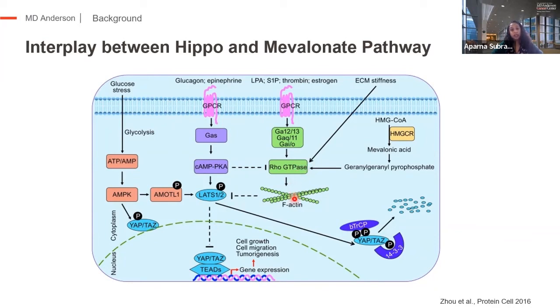Rho-GTPase then results in the activation of F-actin, which suppresses LATS1 and 2 kinases in the Hippo pathway, leading to the YAP-TAZ nuclear localization and activation, leading to gene expression and tumor growth. This interaction between the Hippo and mevalonate pathway is essential in tumor development and can be a target for YAP-TAZ in human cancers.